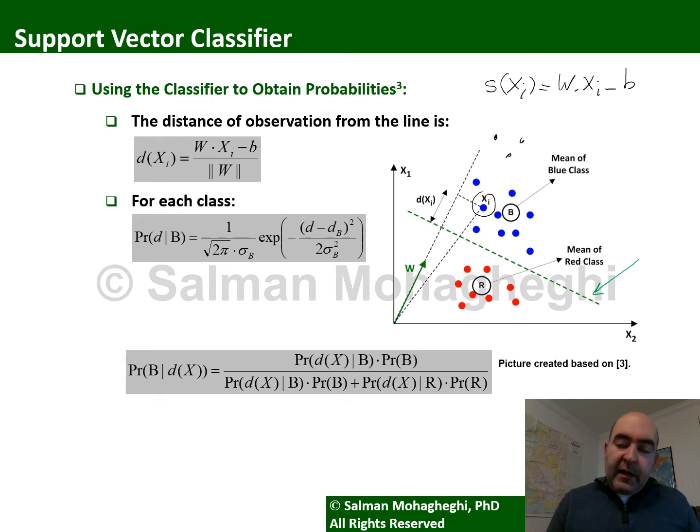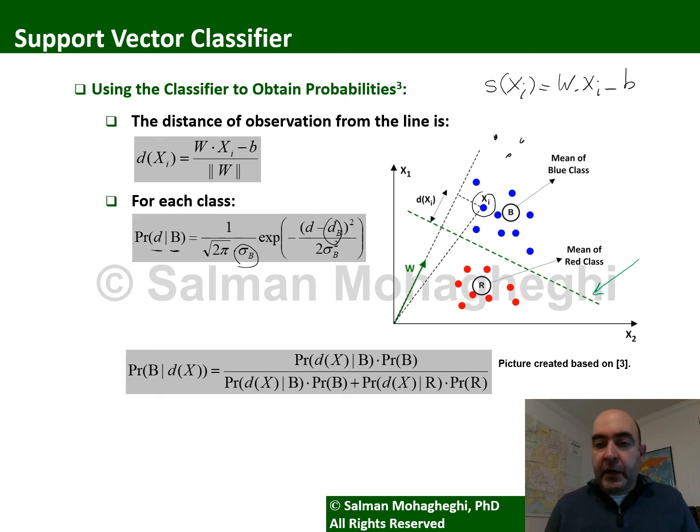Now, if I have enough observations for classes blue and red, I can assume that the distances of those observations to the decision boundary would be normally distributed. So the probability of the distance of an observation, provided the observation belongs to class blue, to this green line would be normally distributed with this standard deviation and this mean value.